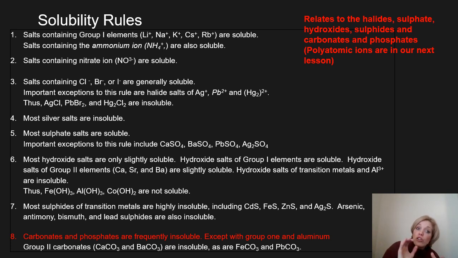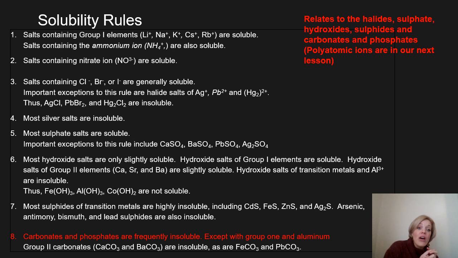Okay, for example, let's look at this. Salts containing group 1 elements are soluble, so they're going to be aqueous. Salts containing a nitrate ion are soluble. Salts containing chlorides or bromides or iodides are generally soluble, but there are exceptions there. The exceptions to the rule are the halide salts. So if it's a halide salt with silver, with lead, or with mercury, that's definitely an exception.